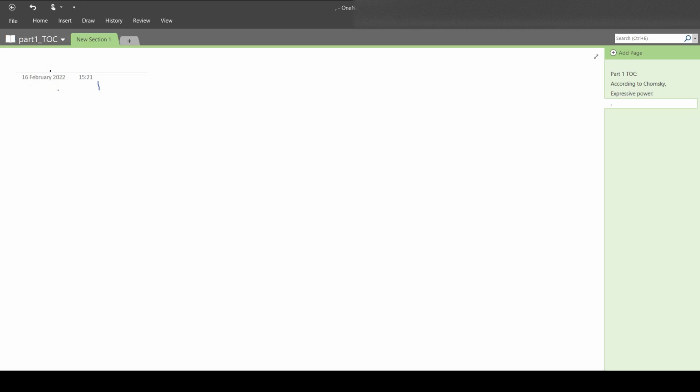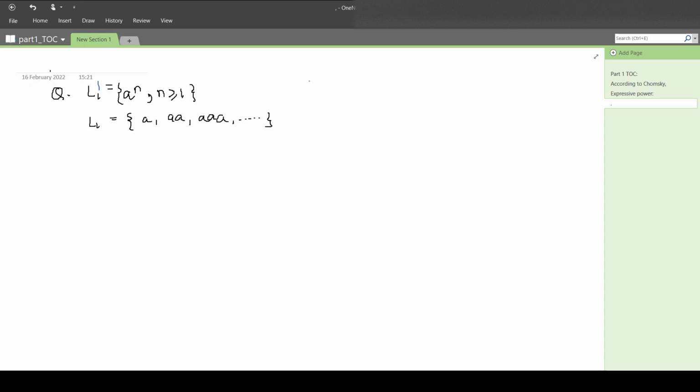So let's take a question. It says language 1: a to the power n, n greater than or equal to 1. When n is equal to 1, L1 is a; when n is 2, a a; when n is 3, a a a, and it goes on.